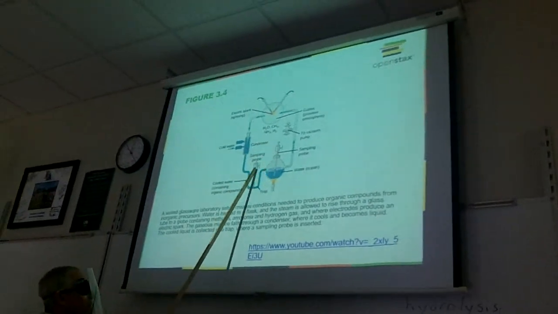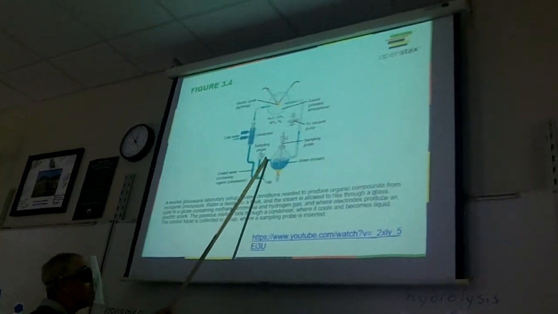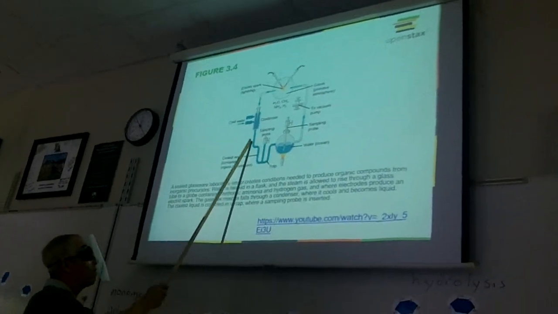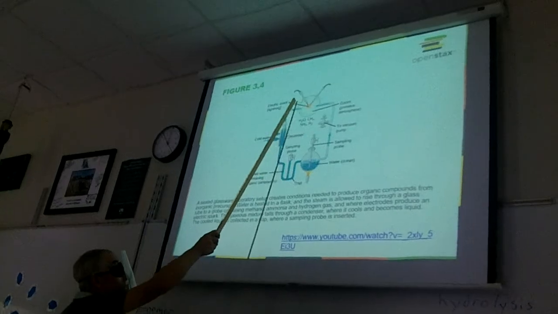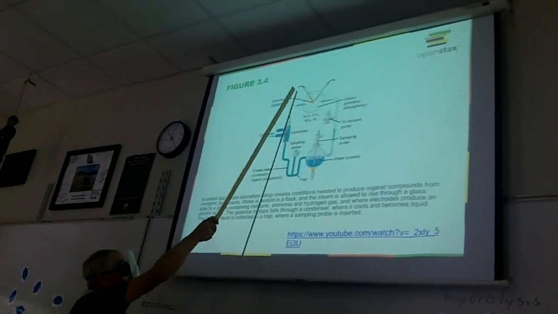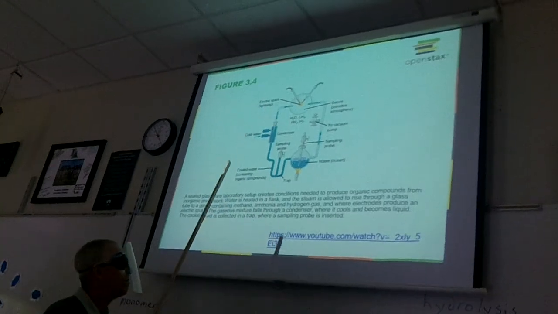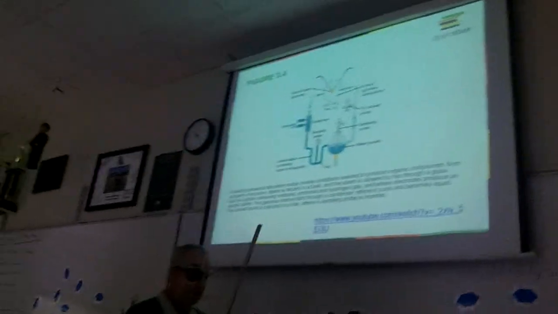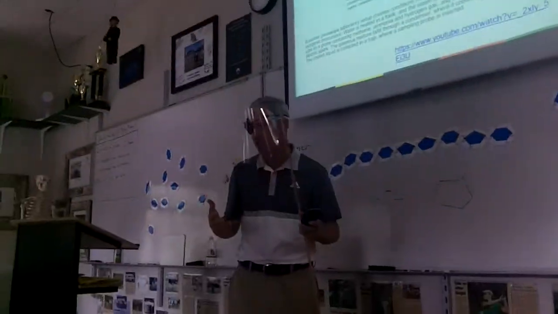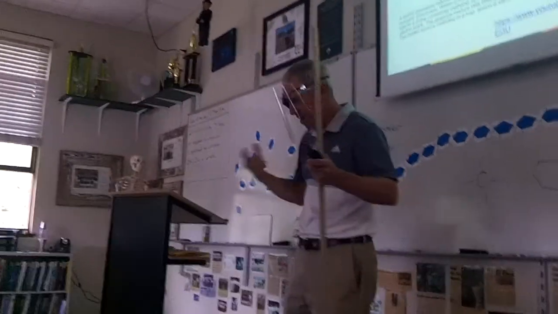What if we put them in a chamber, we put them in liquid form, we heat them up, they boil, they turn into steam, they go in this chamber, and let's put some electric impulses in there, shock them a little bit, give them some energy, and see what happens.